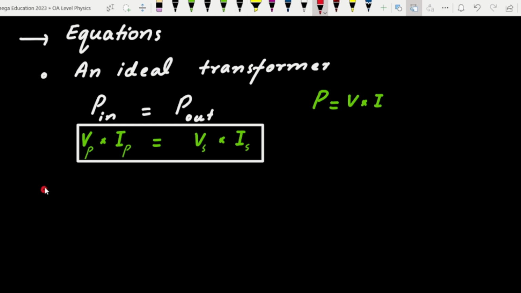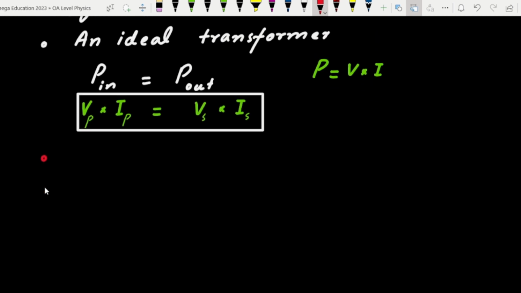But just for an idea, not for the calculations: what if your transformer is not ideal? Means whatever the input power you have supplied is not being obtained as the output, so there would be some losses.